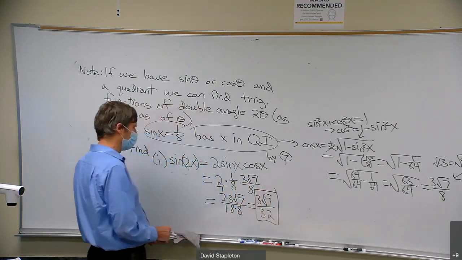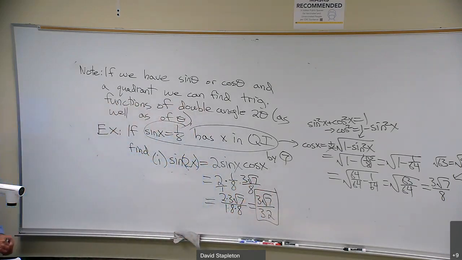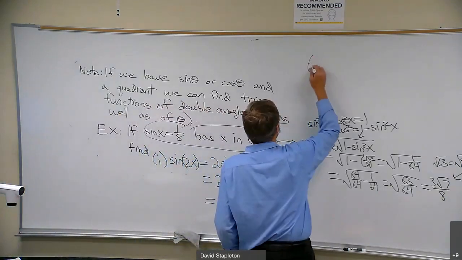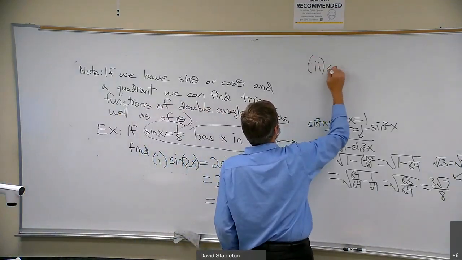There's that one. And moreover, we can get all the others. For instance, suppose I want the secant of 2x.